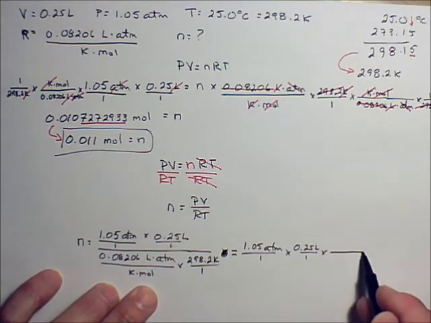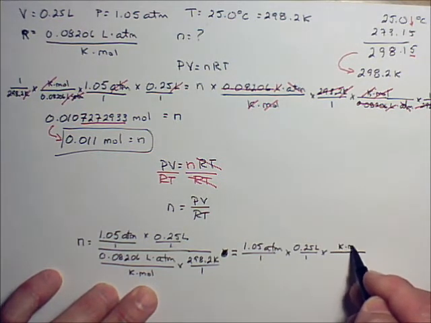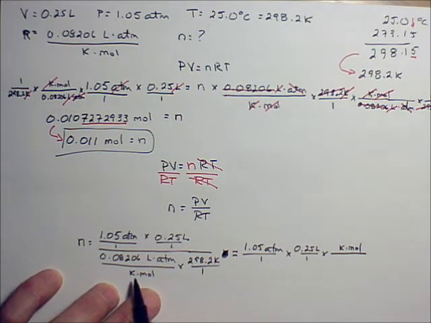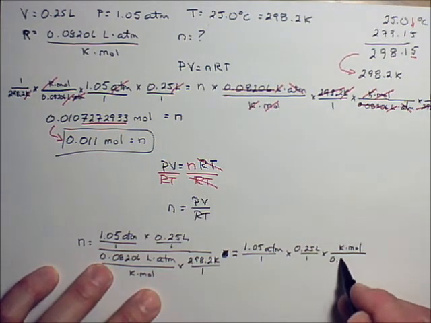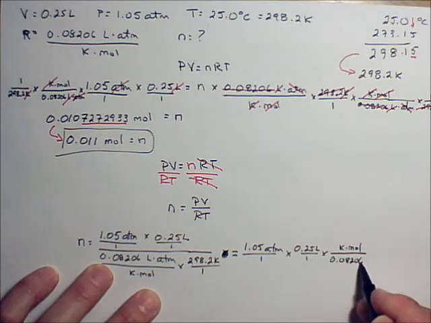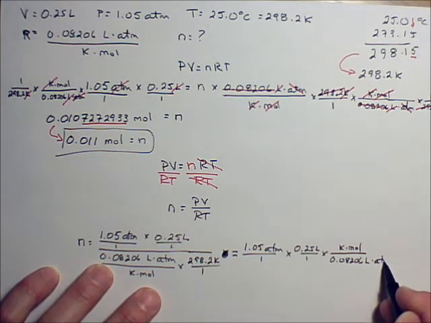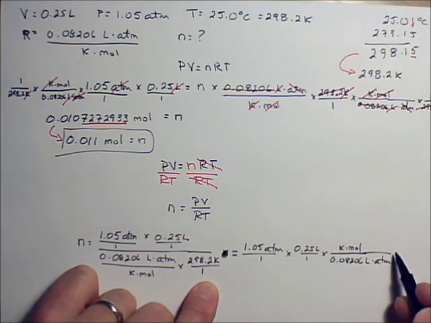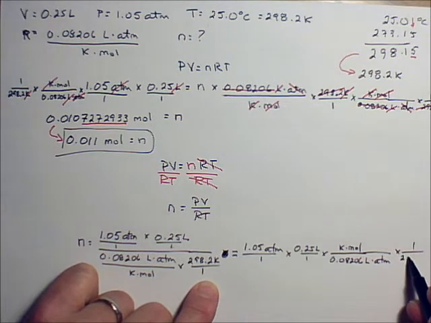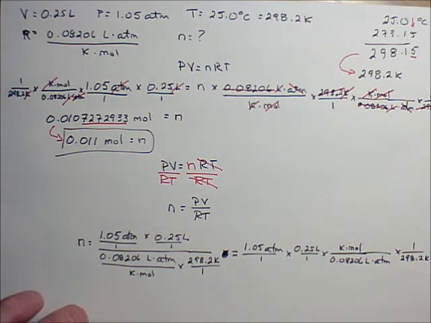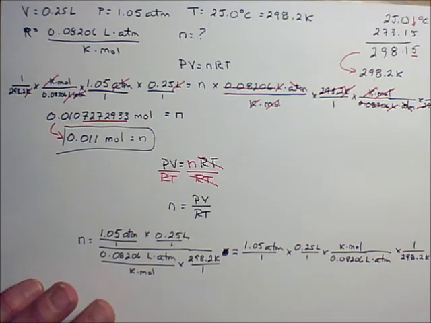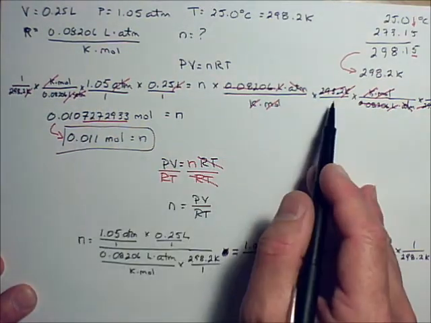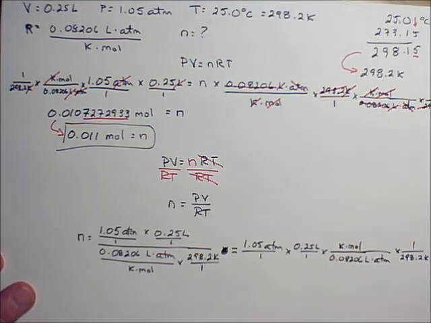I'm going to say Kelvin times moles over 0.08206 liters times atmospheres. I got to flip this one too, times 1 over 298.2 K. Now, if this part, the flipping and multiplying, this invert and multiply, or multiplying by the reciprocal, is hard for you to do, and you prefer to do the other way, do that. Use the method that works for you.